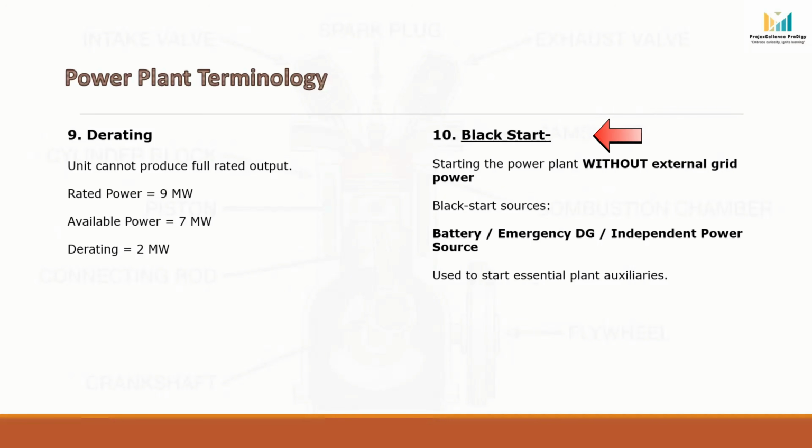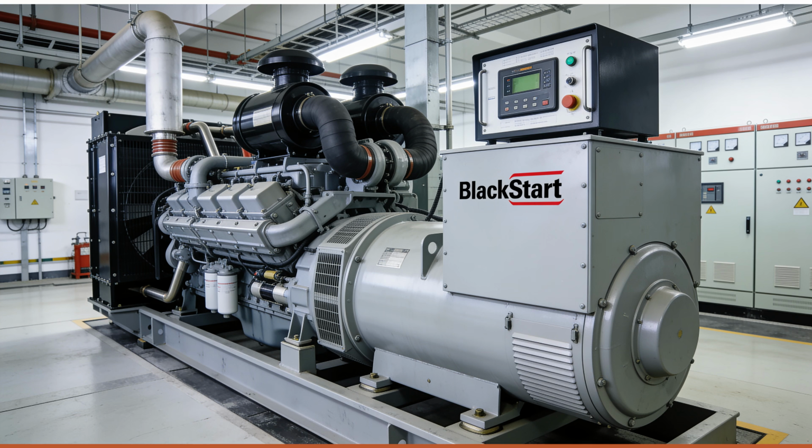But imagine there is a complete grid blackout. The grid cannot provide any electricity and all our 5 main engines are stopped. So how do we start the power plant? This is where the black start system comes into operation. A small emergency or black start diesel genset starts using its own battery starting system.